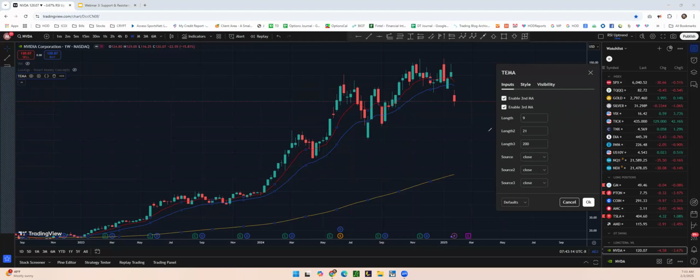Now, the red one, you see this red moving average, this line that's kind of curving and riding price all the way over here. That's a moving average. And this one I set up as a 9-day moving average, right? 9-day. That means this is the average price of 9 days, or 2 weeks, let's say. Over a 9-day period, that is the average price, right? It's not up here, it's down here.